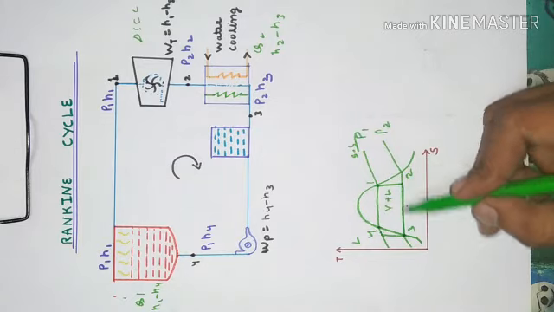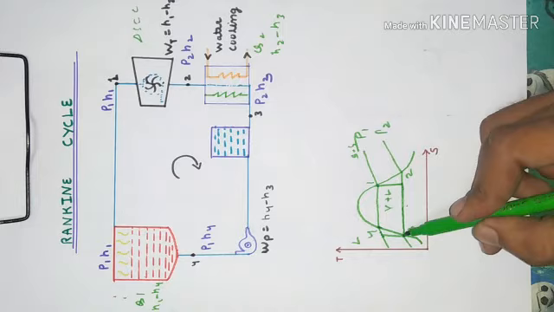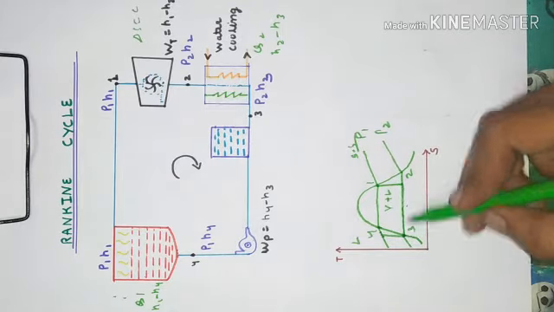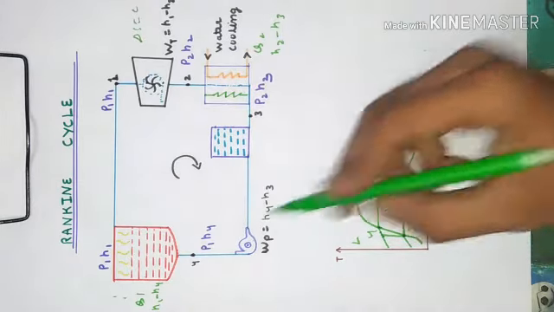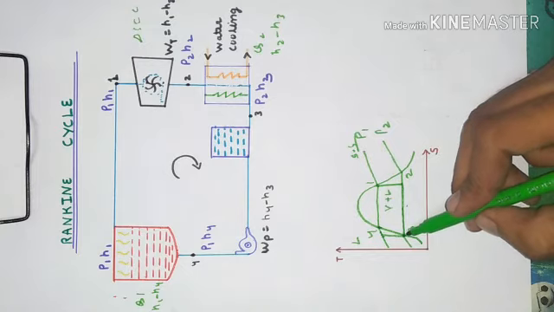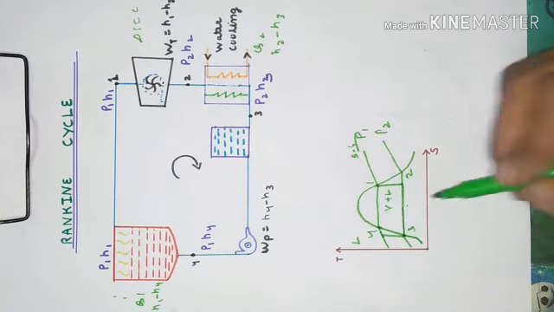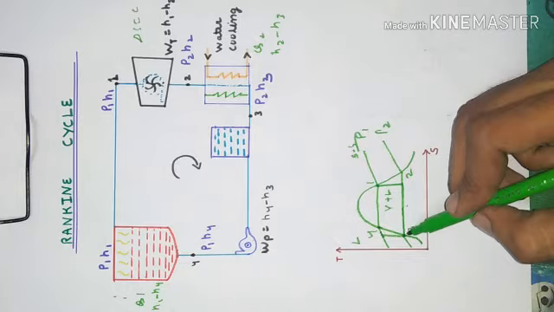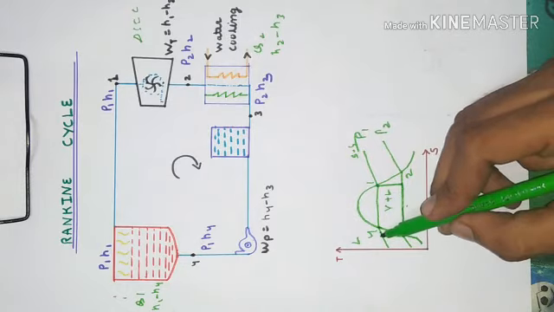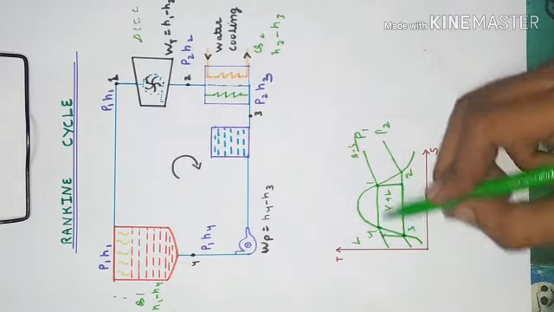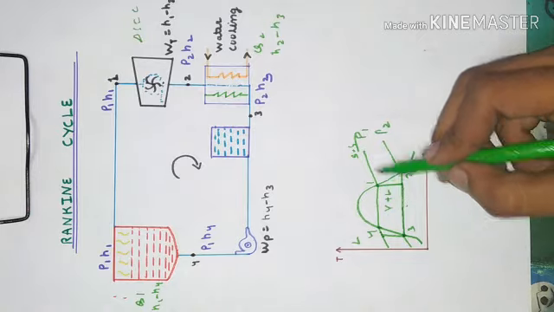When the condenser rejects the heat, the vapor is converted into liquid. The liquid is there, and in the pump there is adiabatic compression. Entropy also remains constant. The line is drawn like this, and again from 4 to 1 there is constant pressure and the heat is transferred to the boiler.